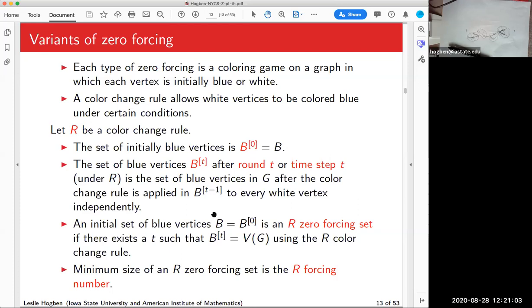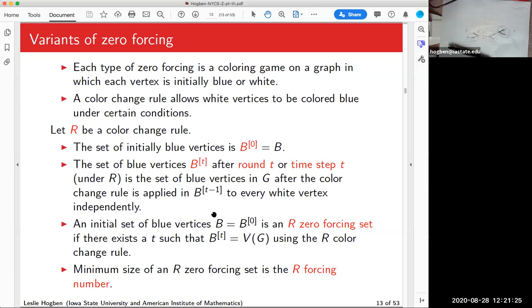There should be some sort of inverse relation between size and propagation time. Relation is probably too strong a word. I'm not using it in a technical sense. Yeah, definitely. In general, if you have more vertices, you will go faster. Okay, but you'll discuss that later. Absolutely. Thank you. Good question.